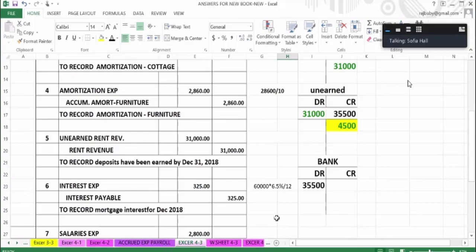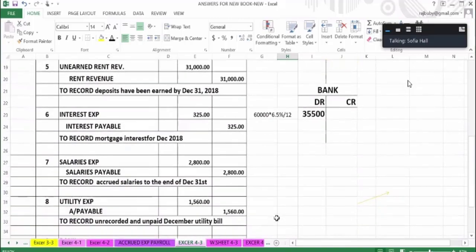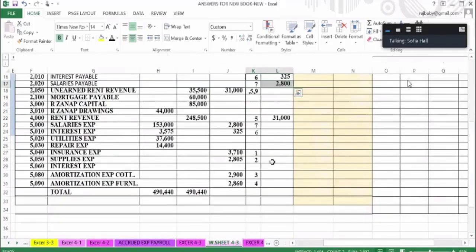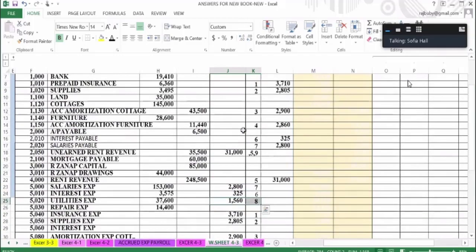Next one, salaries, utility. Utilities expense and utility accounts payable.